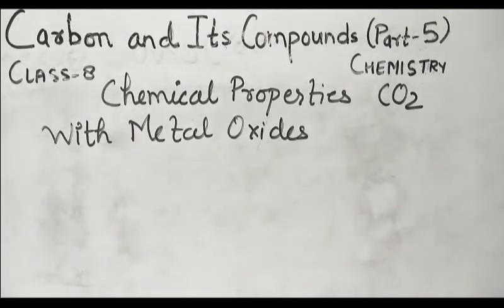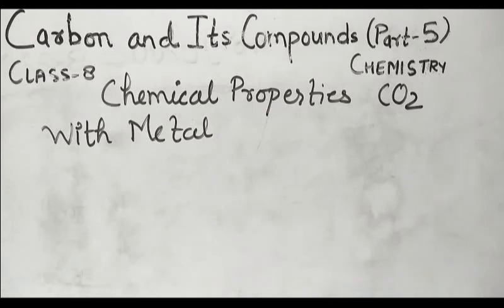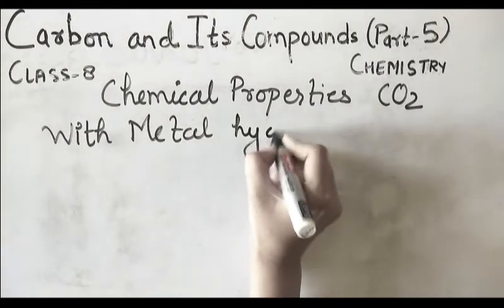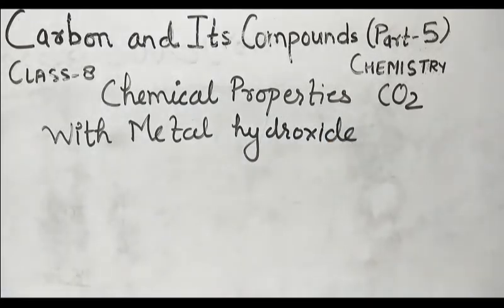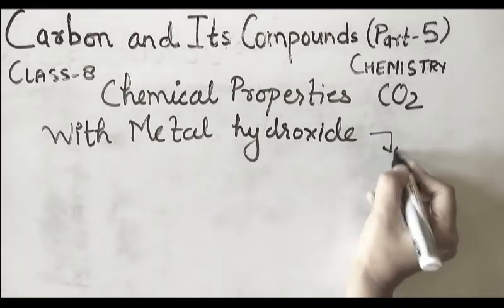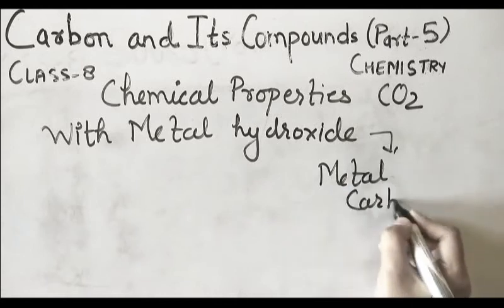Okay, now let us see one more reaction and then other things we will discuss in the next video. So the reaction of carbon dioxide with metal hydroxides. When carbon dioxide reacts with a metal hydroxide, it is going to form metal carbonates.